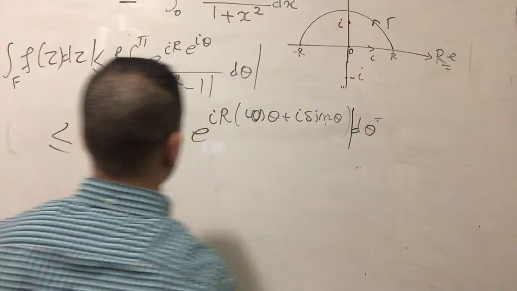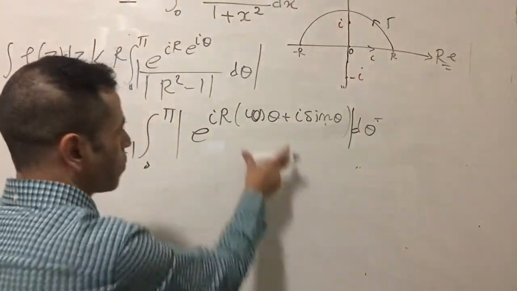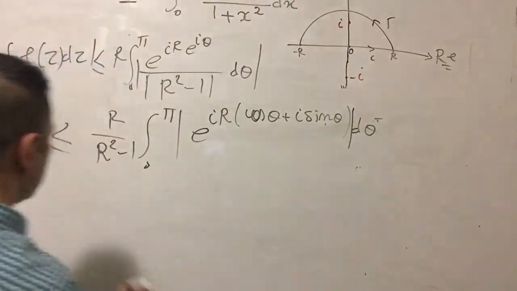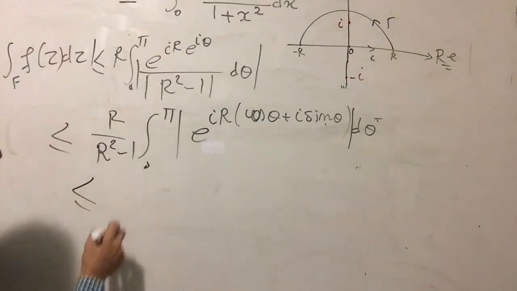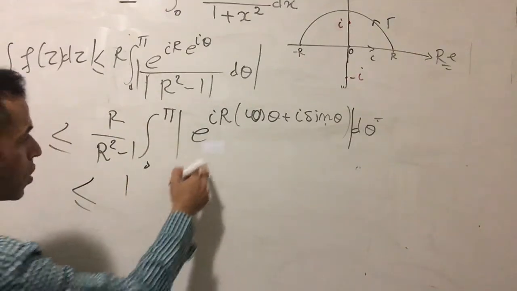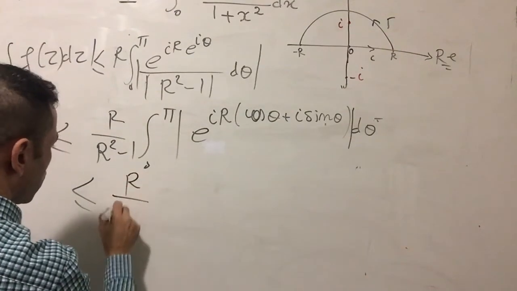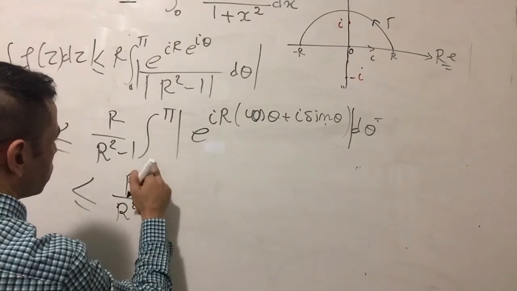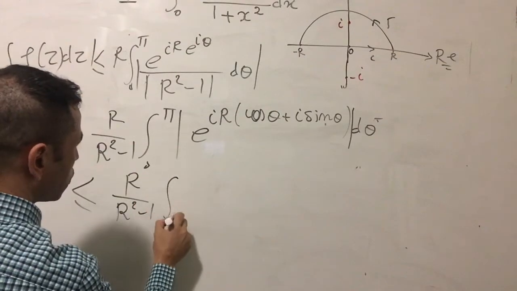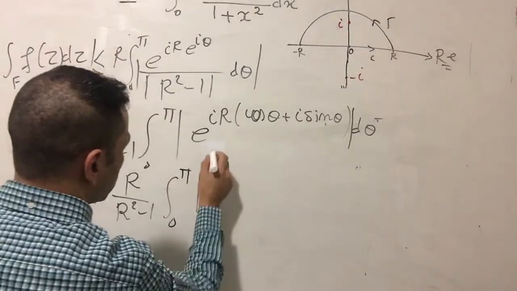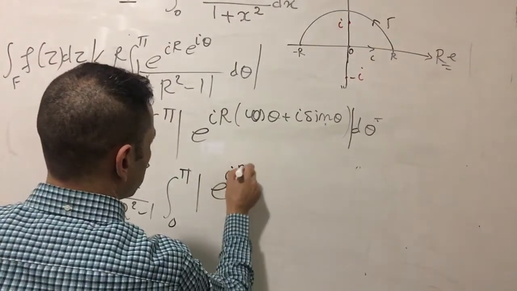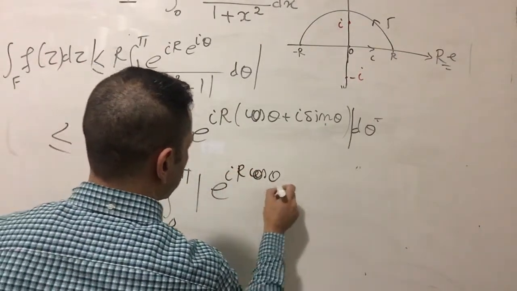Okay, so for the absolute value, I'm going to make the product. So I will have this one is inferior or equal to r over r square minus 1, the integral from 0 to pi. I will have e to the i r cosine theta.